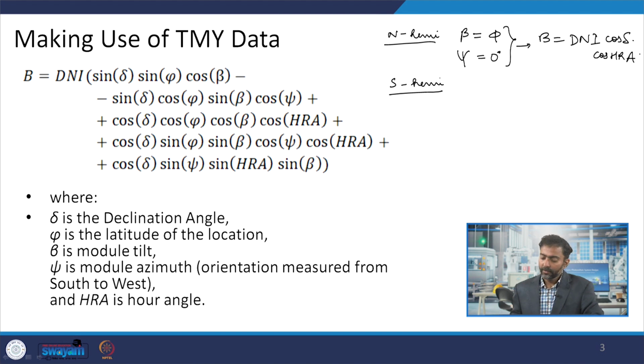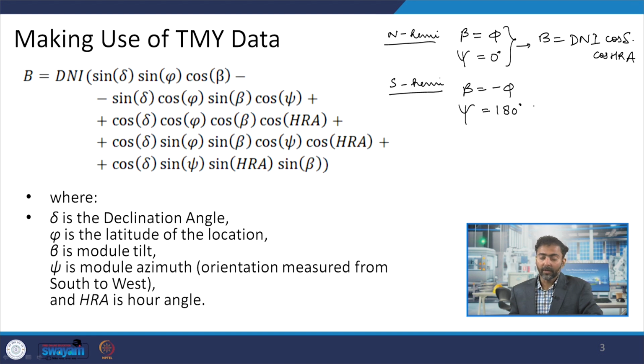And I had given you the task that in the southern hemisphere these standard assumptions are beta equal to minus phi, tilt angle is same as the magnitude of the latitude, but because of the sign convention in the southern hemisphere the latitude is negative, so the tilt angle will be negative of that value, which will be positive, and your module azimuth or psi will be 180 degree, because in the southern hemisphere one has to place the panel facing due north.